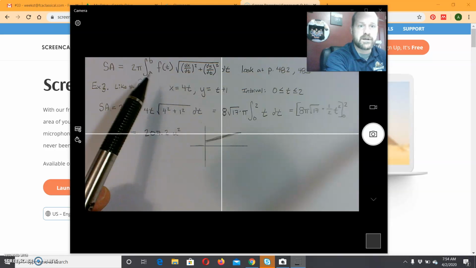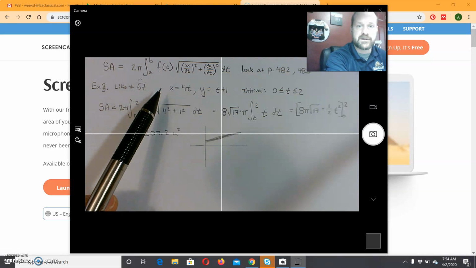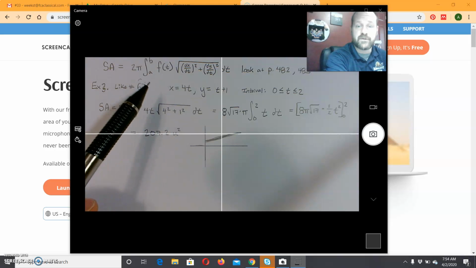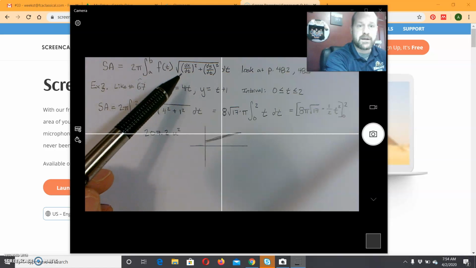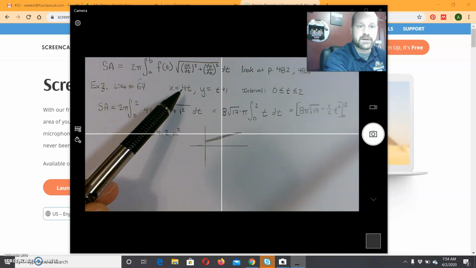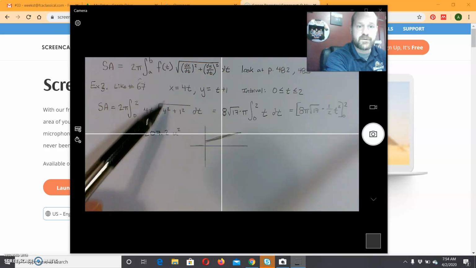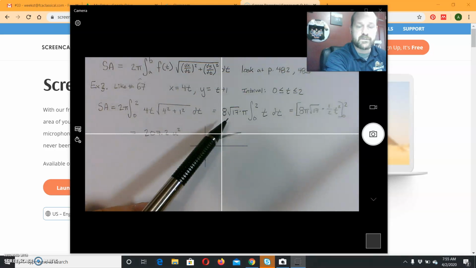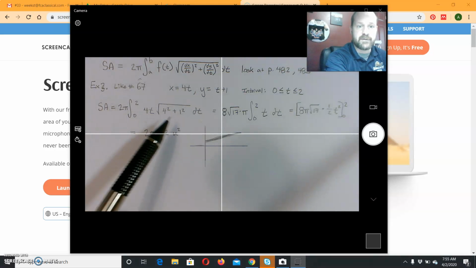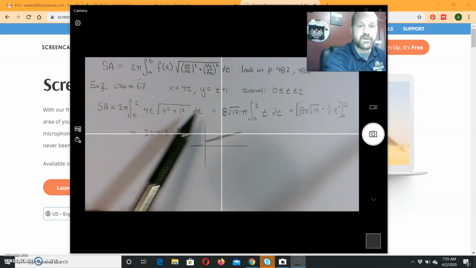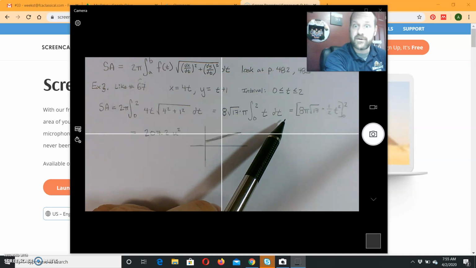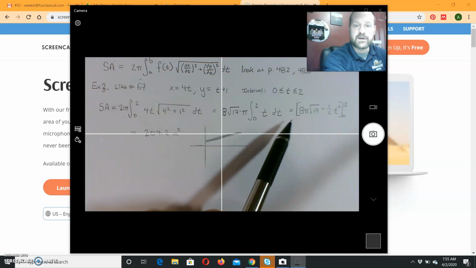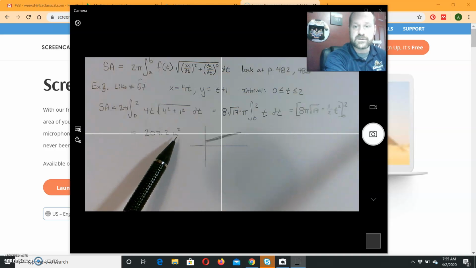There are two equations in your book, f of t and g of t, depending on which axis it's revolved around. This one is revolved around the x-axis. We've got an easy derivative 4, an easy derivative 1, and after working that out and pulling everything out, we've got radical 17, with the 4 pulled out. Then an easy integral. Carrying that out, we have 207.2 units squared, or you can keep it in terms of pi.